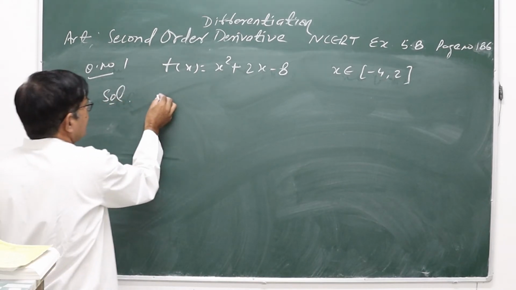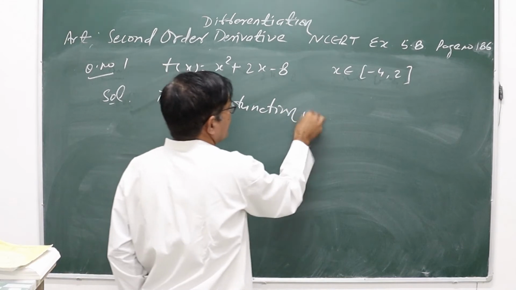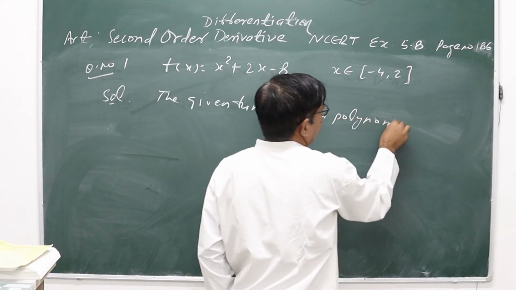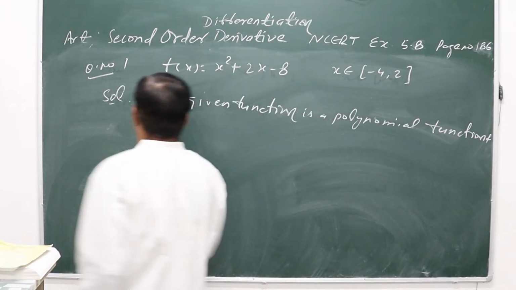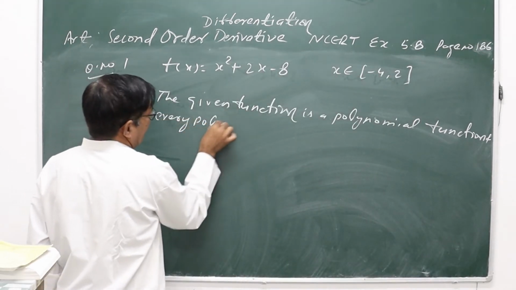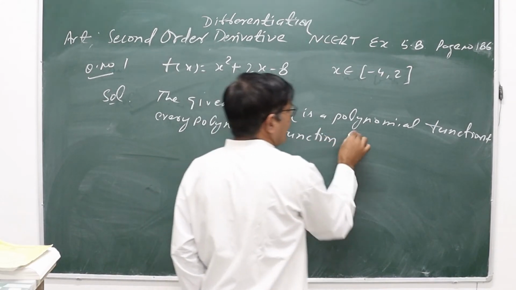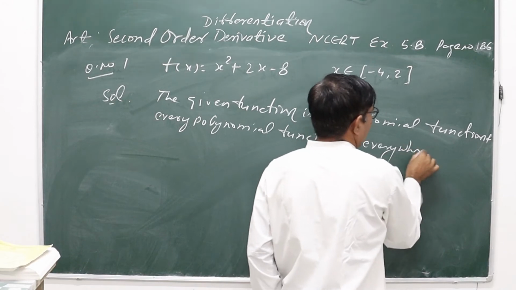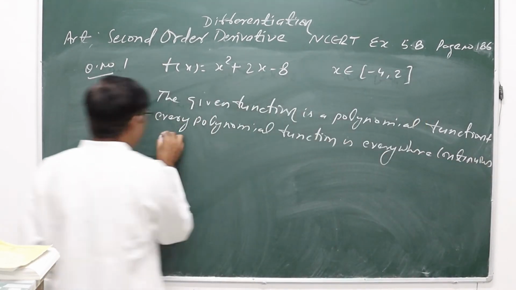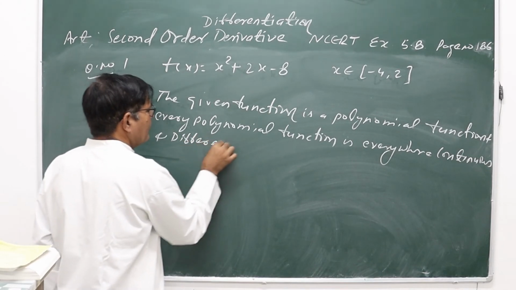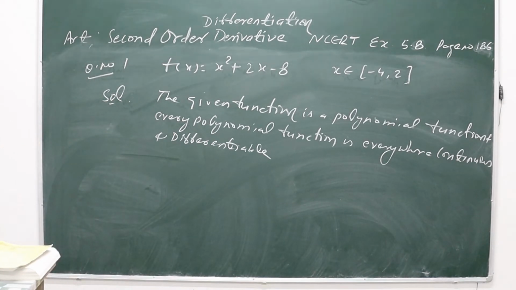Since the given function is a polynomial function, and every polynomial function is everywhere continuous and differentiable, because polynomial functions are everywhere differentiable and everywhere continuous.